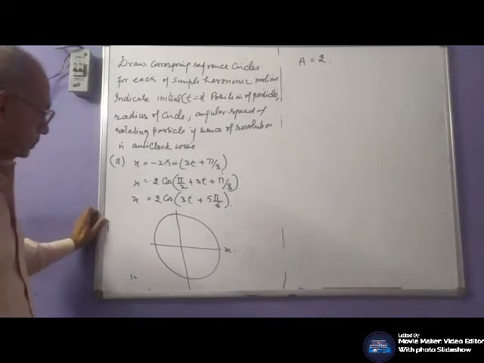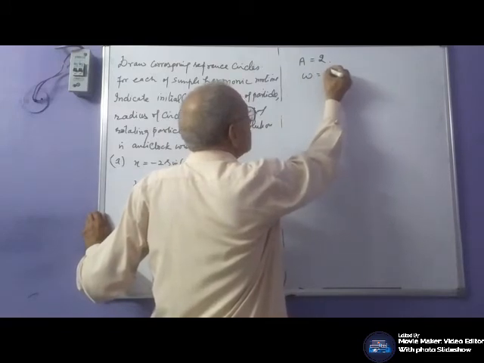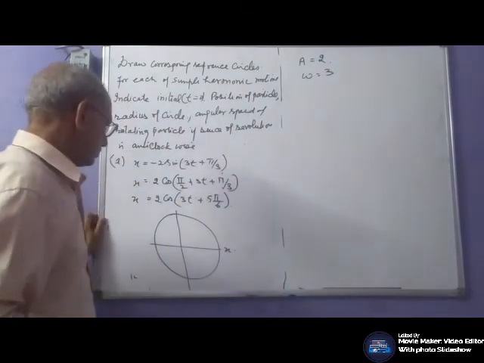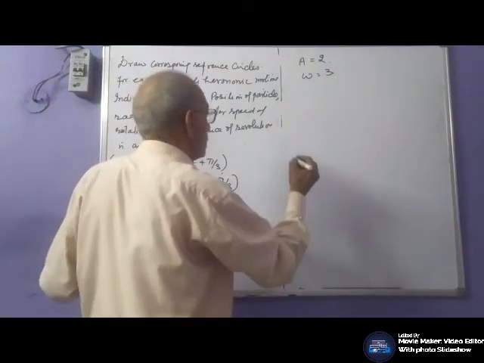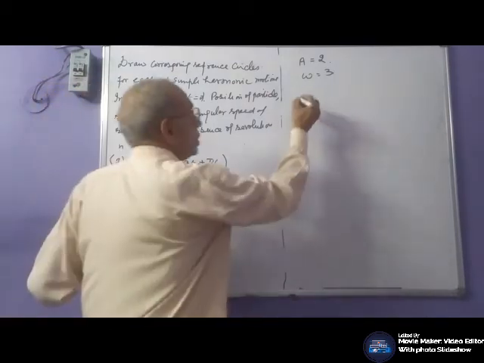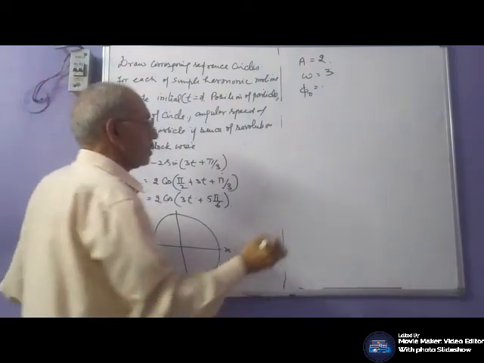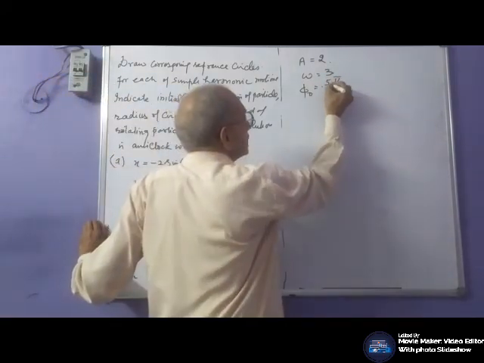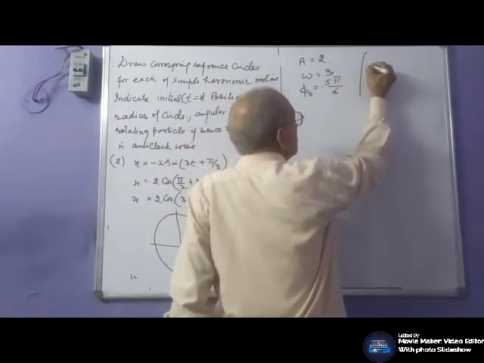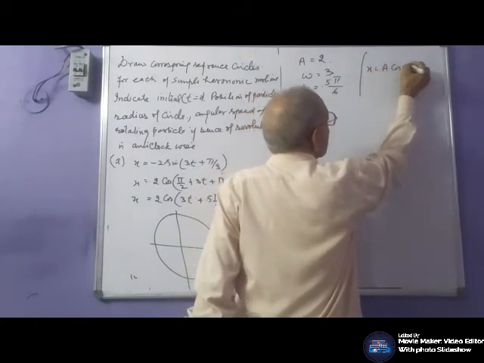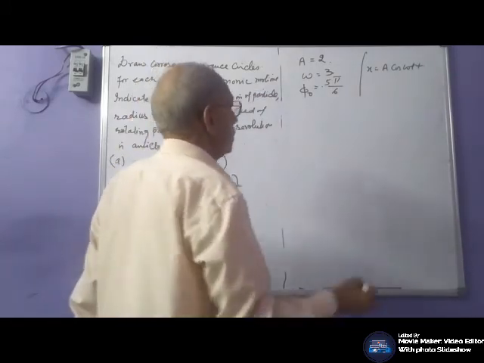Units not given. Omega is 3. Phi naught 5 pi by 6. The equation is x equals A cos omega t plus phi naught.